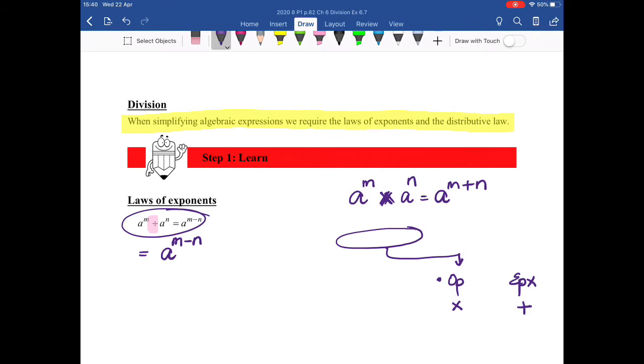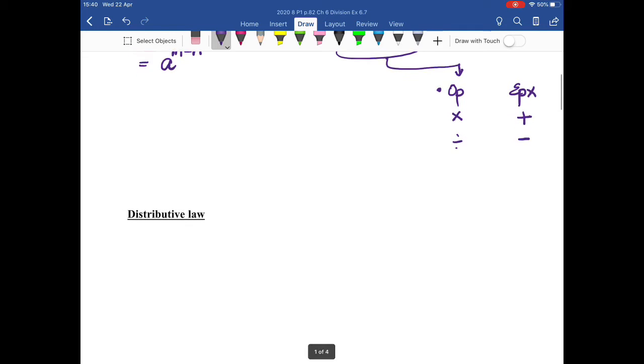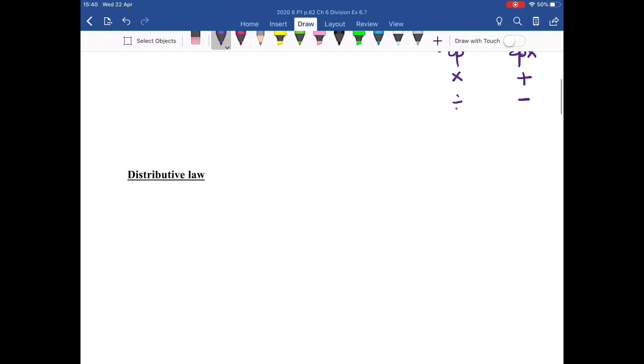Now our operation is division. If our operation is division, what do we do with the exponents? We subtract them. That you have to go and learn. We are now going to apply the distributive law to division, because at this point in time, that is the only way you are able to do it.